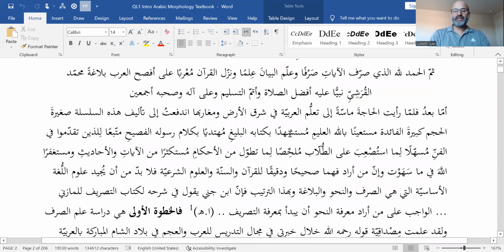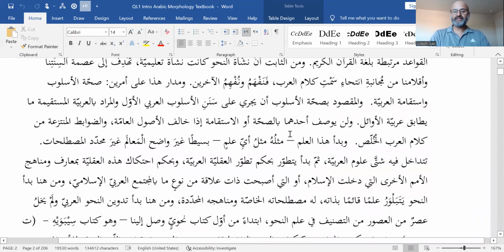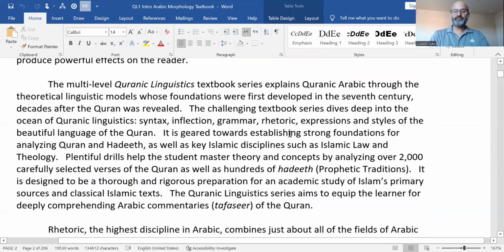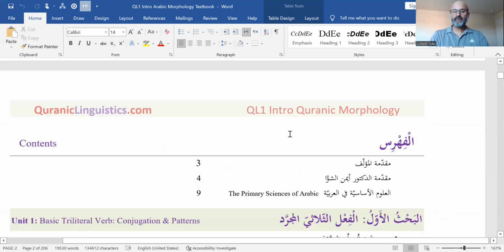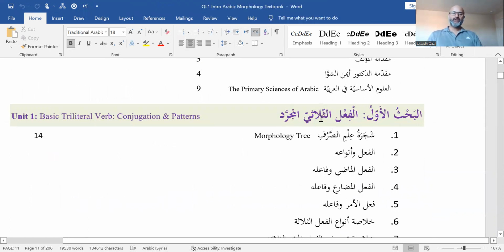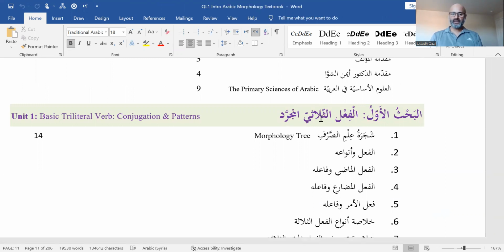Let's take a look at the table of contents quickly here, to give us the bird's eye view. So this book is divided up into 4 units. Each unit has a certain theme and it has lots of chapters.